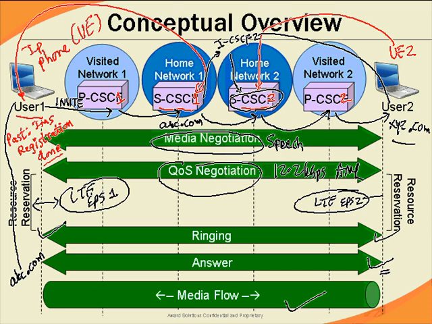So, for example, this could be operator X, this is operator Y, this is operator A, operator B, like that. Okay. So user 1 is actually a subscriber of operator Y.